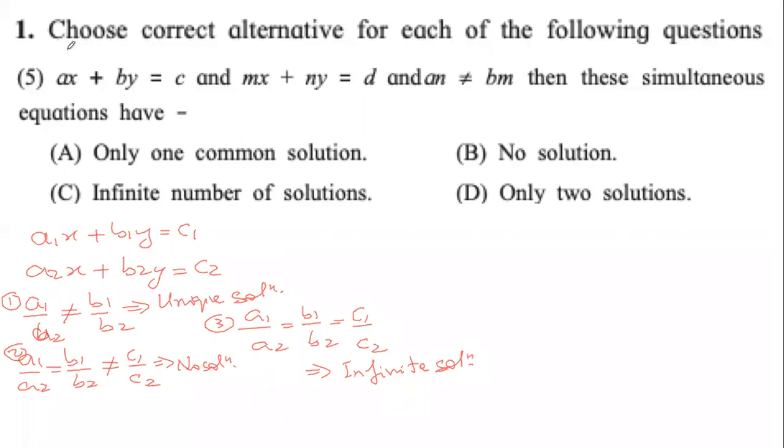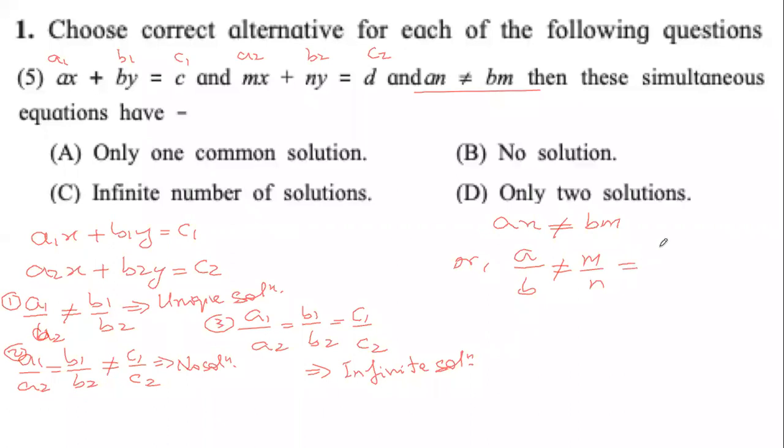Now, in the given equations, a1 is a, b1 is b, c1 is c, a2 is m, b2 is n, and c2 is d. In addition, it is telling us that a into n is not equal to b into m. That means if we do a little algebra, if we bring the b from right to left, and if we take the n from left to right, it becomes a by b not equal to m by n.